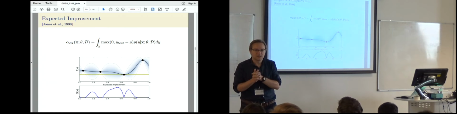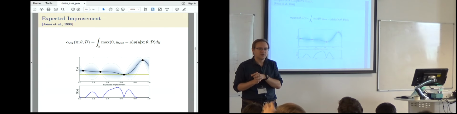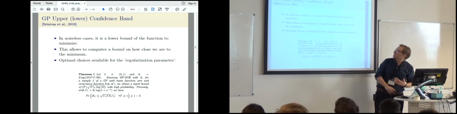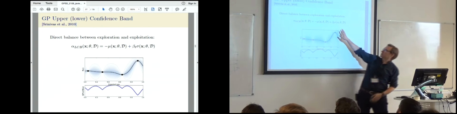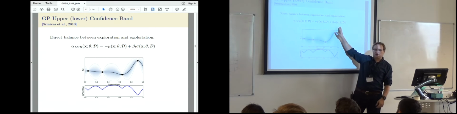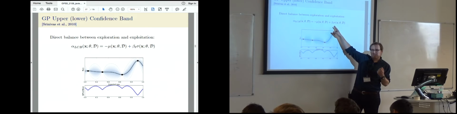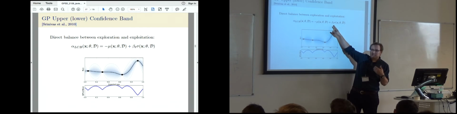Say again? Does this also have a nice knob like the beta on the previous slide? So the beta in the previous slide, that's a good question. The beta in the previous slide is what is telling you how much do I explore, I exploit, right? So in the paper where they propose this, beta is related to the number of evaluations that you have already collected.